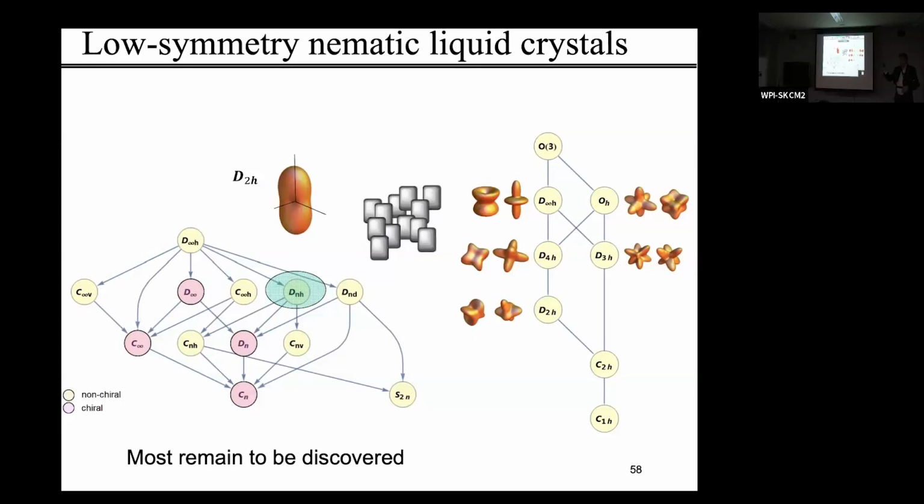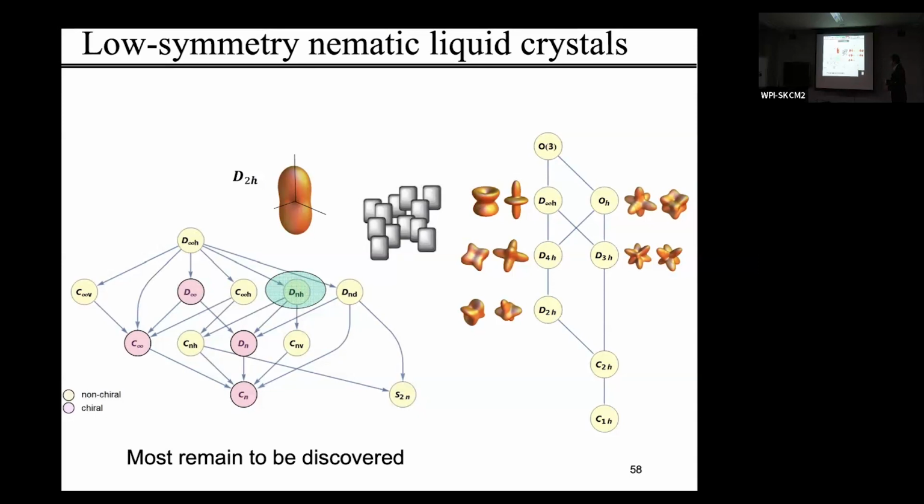Because Bart told us 230 is there, right, when it comes to crystals. And then here, in principle, there is infinity, but we only have a few. We have under 10 nematic phases, but infinity is possible. That's amazing news, I think.